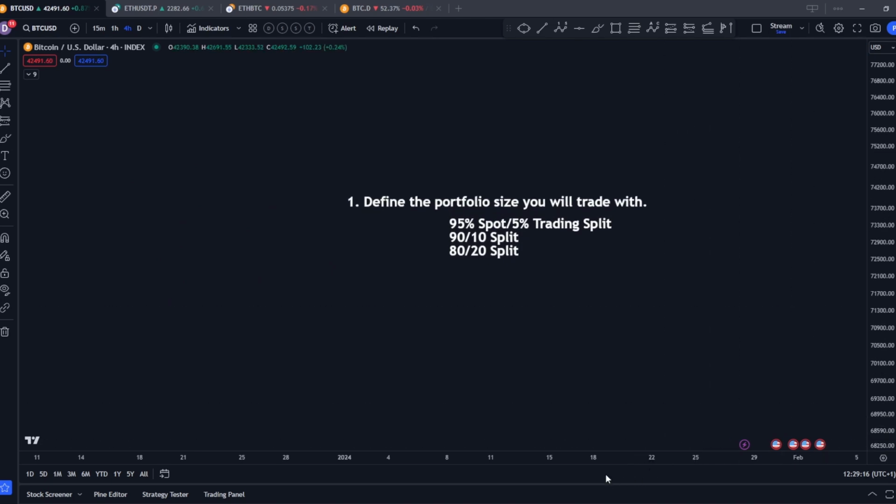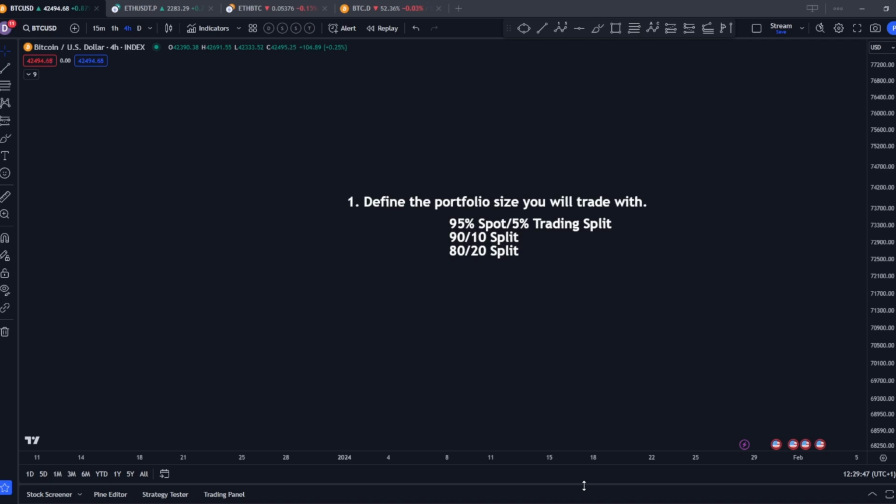So first off, defining the portfolio size which you're willing to trade with. What I would always recommend, especially if you're starting off, is not doing more than 5% of your entire portfolio, or crypto portfolio in this case, which you set aside for trading. I think it's really important to split these up because when you're just gonna trade with your entire spot portfolio and you're gonna trade in and out and in and out, eventually you're gonna get some kind of losing streak or whatever, and you're gonna be way too emotionally attached because it's just too much.